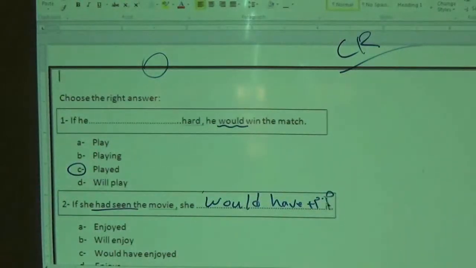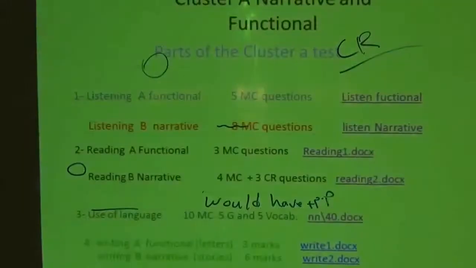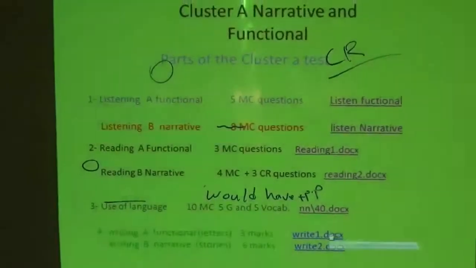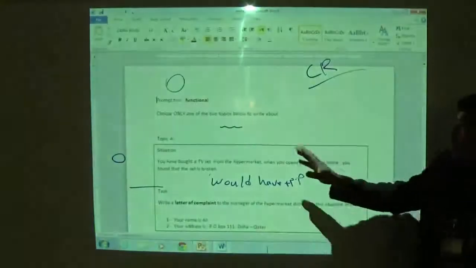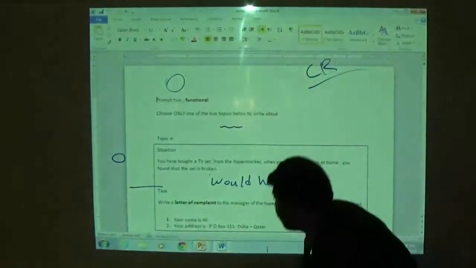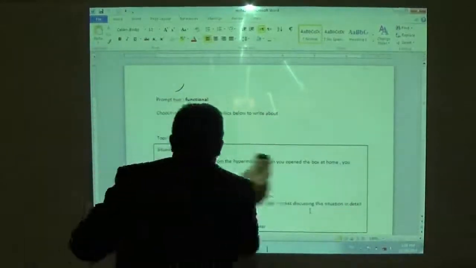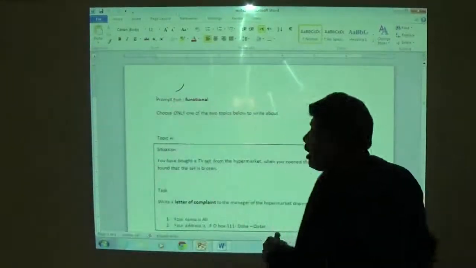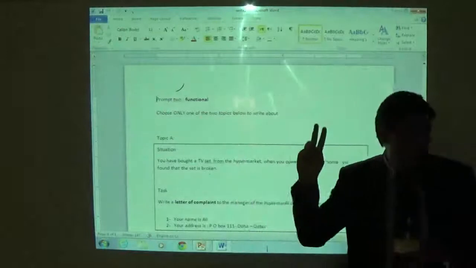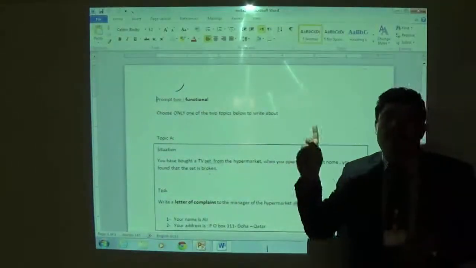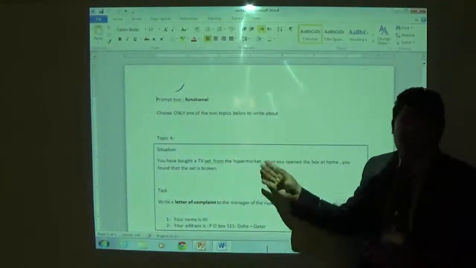Okay, the last part of the test is writing. You are going to write two topics. The first one is the functional.